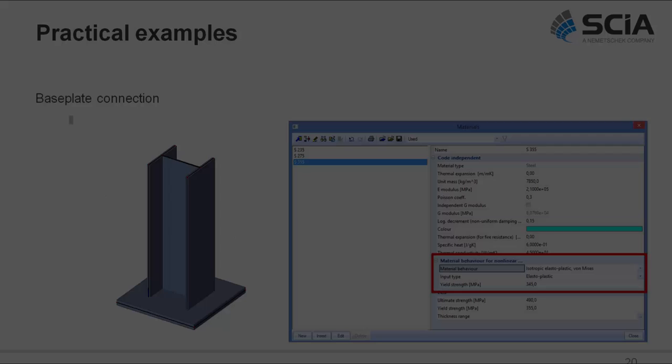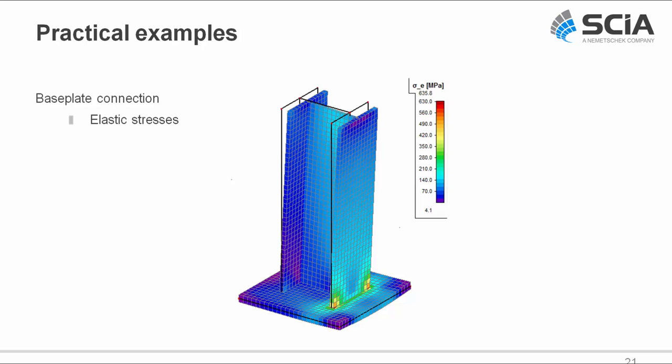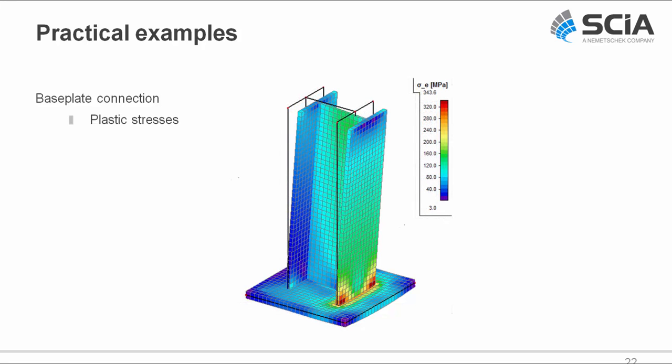This is also shown in a few slides in this PowerPoint. So first of all, our base plate connection with the nonlinear plastic behavior. Next, we had our elastic stresses, which were really too high, 635 megapascal. But if we then perform the nonlinear calculation, taking into account the plastic material properties, then we see that now our plastic stresses are lower than the Fy value, with a maximum one of 343.6 megapascal.